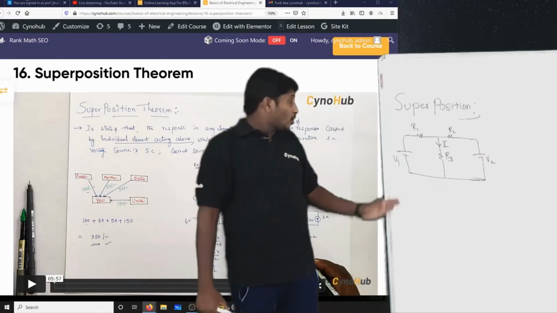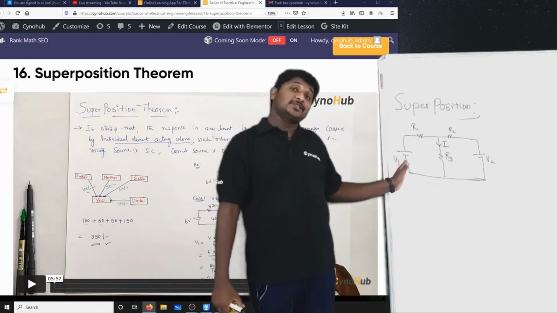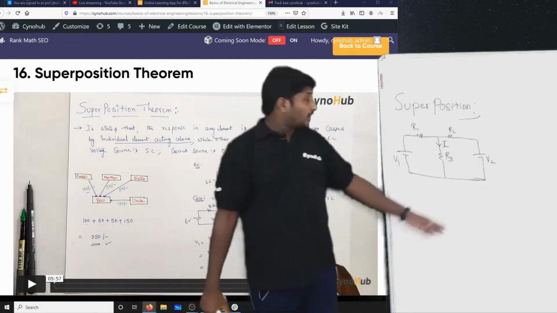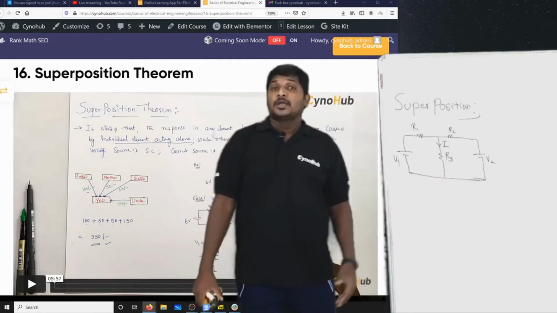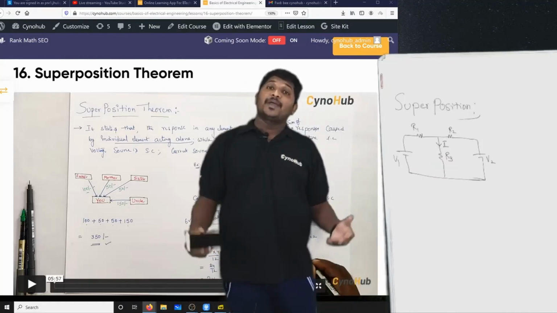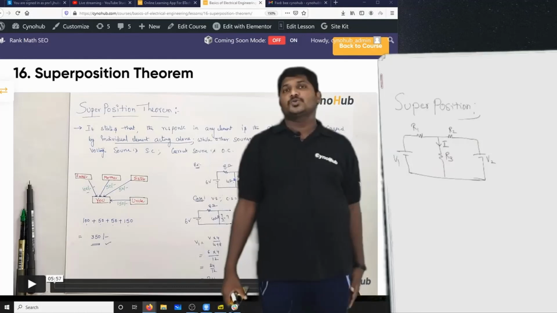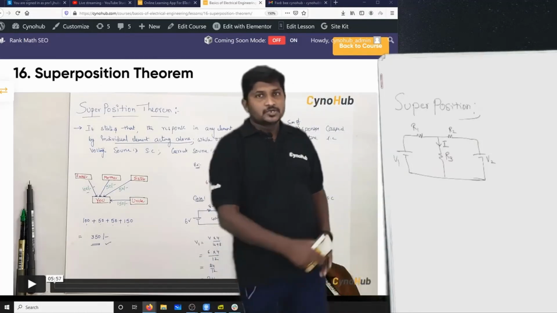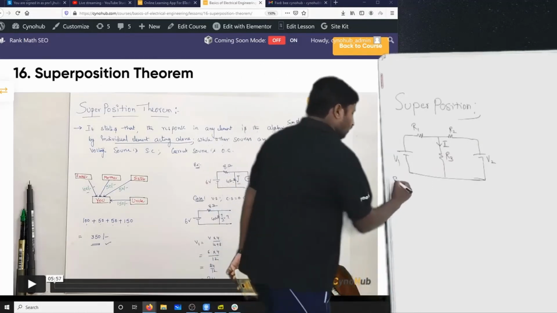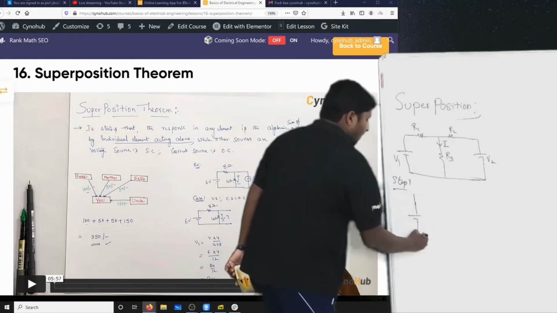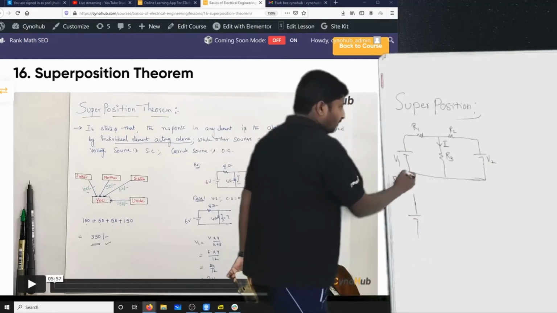That means one source will be activated and another source will be deactivated. Voltage source will be short circuited, current source will be open circuited. Here I consider only two voltage sources. So what is step 1? I am activating the V1 source.